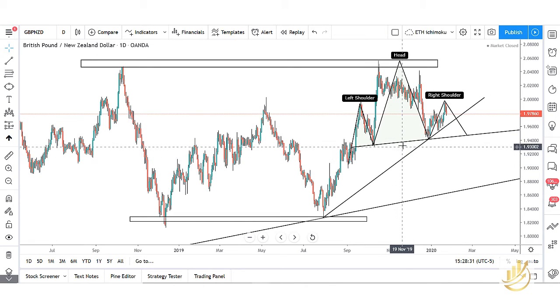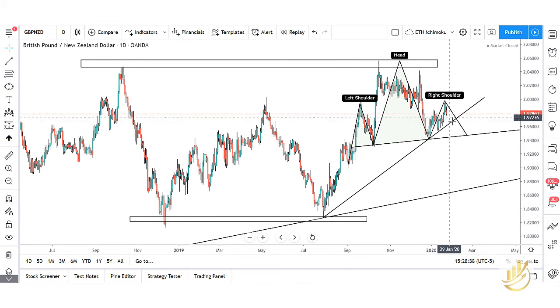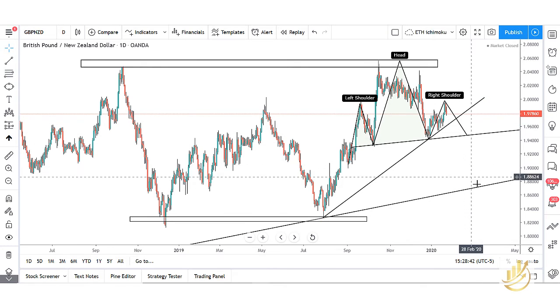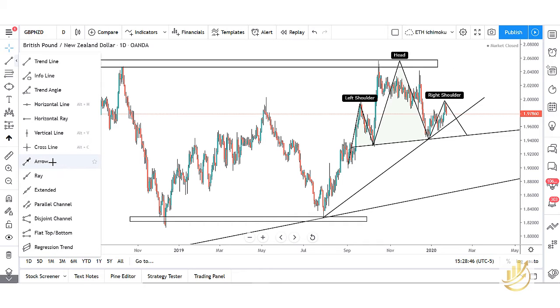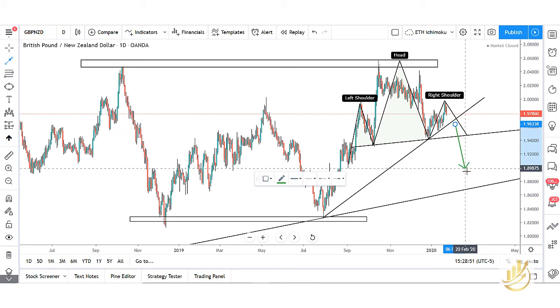What I'm looking for here is that once it breaks this small channel and price starts to go down, we might see a larger movement towards the downside. Last time when Brexit was announced in 2016, GBP fell down a lot.